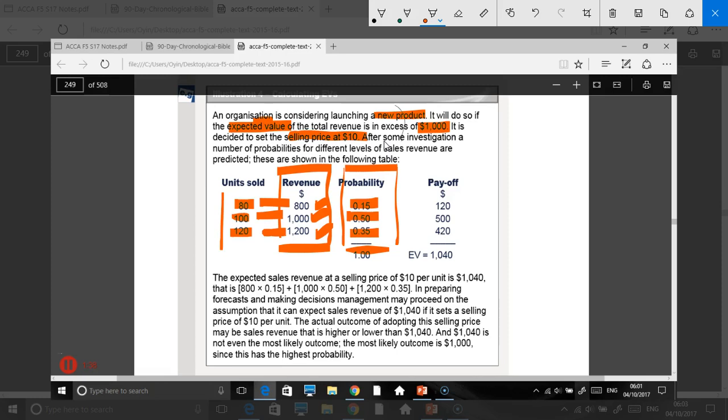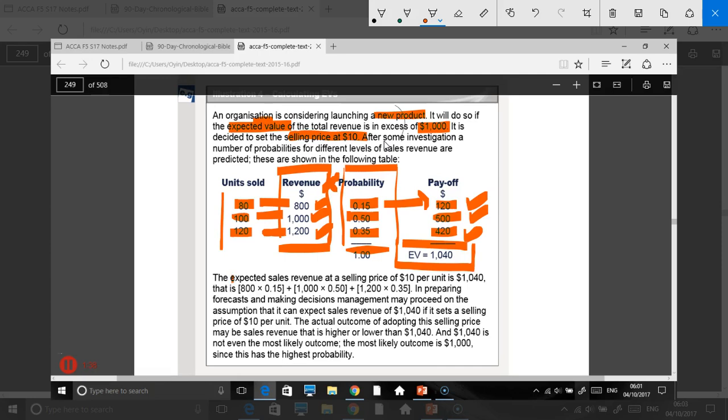For £800, 15% gives us £120. This gives us 500. So I'm basically multiplying the probability times the revenue to get the payoff, and I add everything together, and I get this expected value of 1,014.